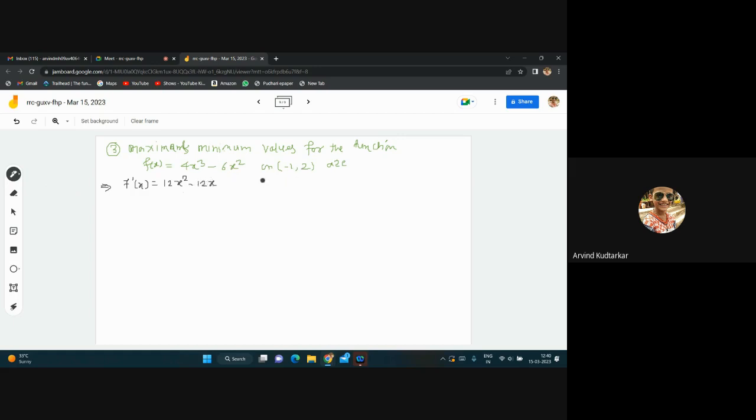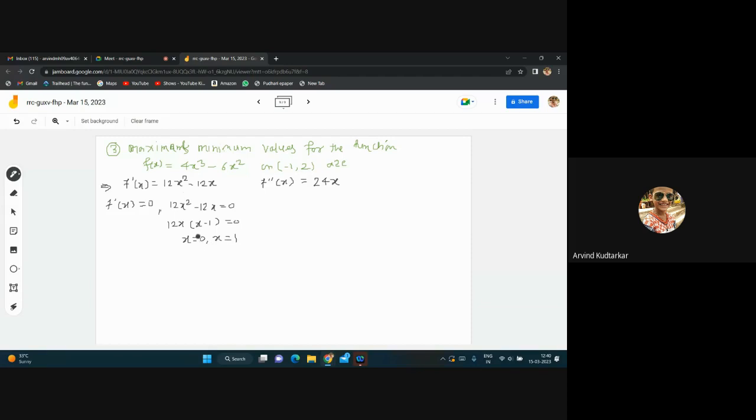And the second order derivative, f double dash of x, is 24x minus 12. Equate f dash of x to 0: 12x square minus 12x is 0. 12x is common, so x minus 1 is 0. So you will get x is 0 and x is 1.